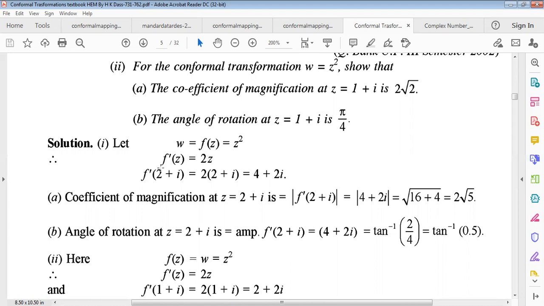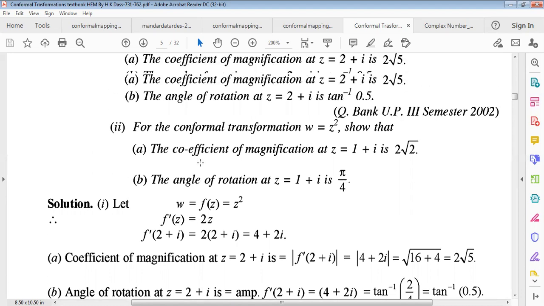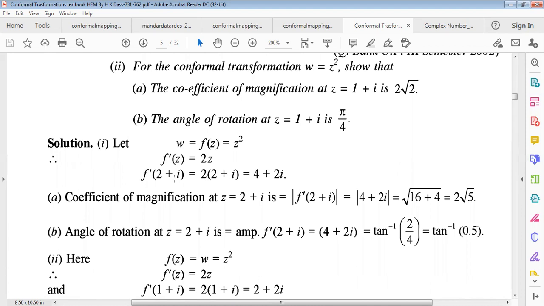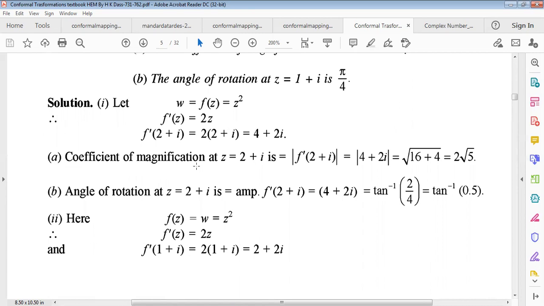Now if z equals 2 plus i, as given in the question, then at the first derivative, 2 into z, 2 times 2 plus i, will be 4 plus twice i. Now for part a, the coefficient of magnification at z equals 2 plus i means just the modulus of the first derivative.